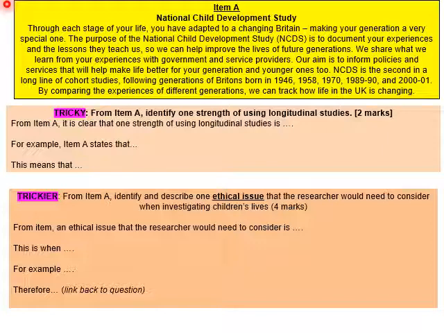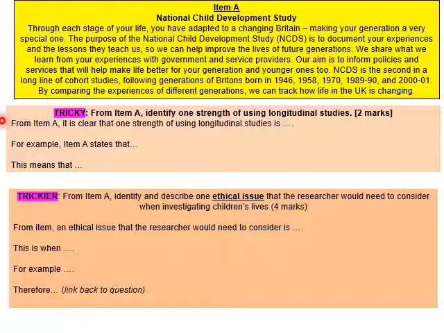Our aim is to inform policies and services that will help make life better for your generation and younger ones too. The NCDS is the second in a long line of cohort studies following generations of Britons born in 1946, 1958, 1970, 1989 to 90, and 2000 to 2001. By comparing the experiences of different generations, we can track how life in the UK is changing.